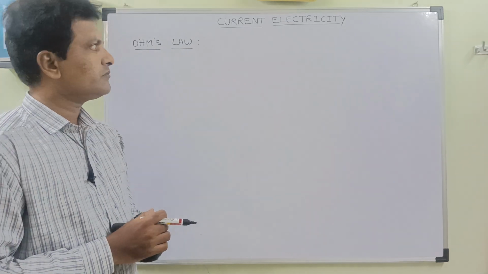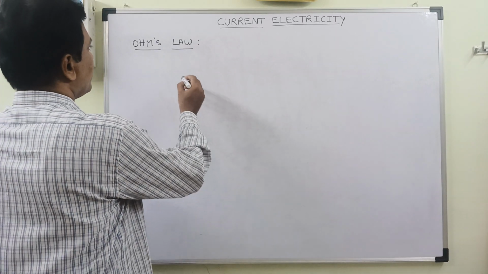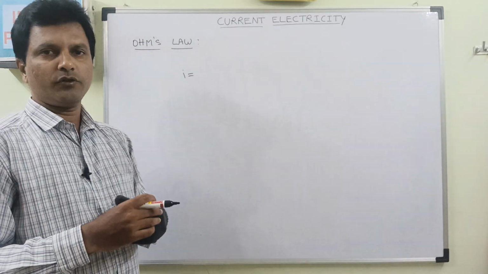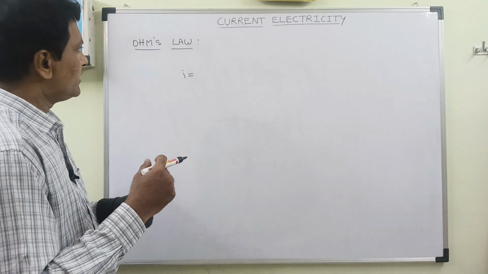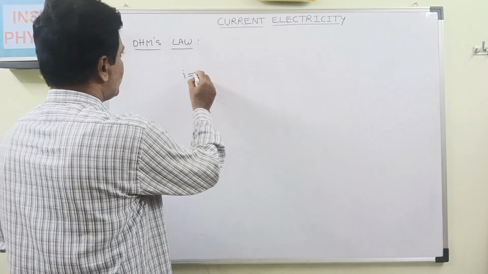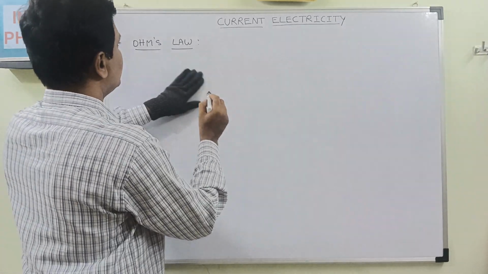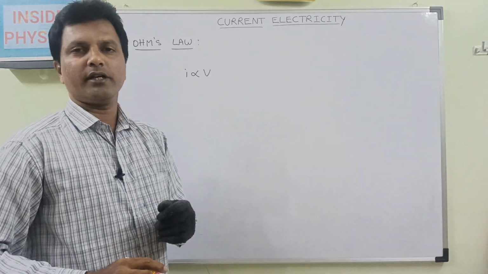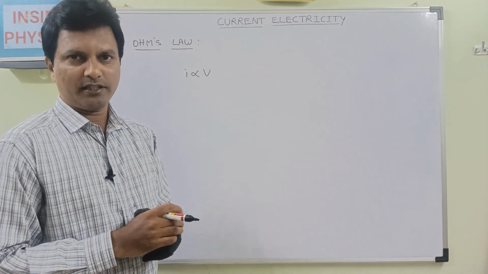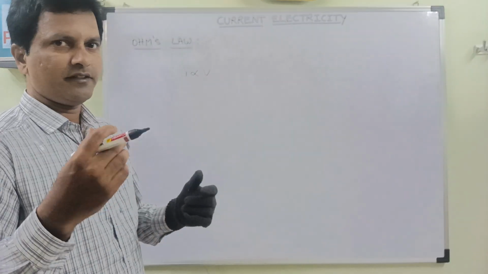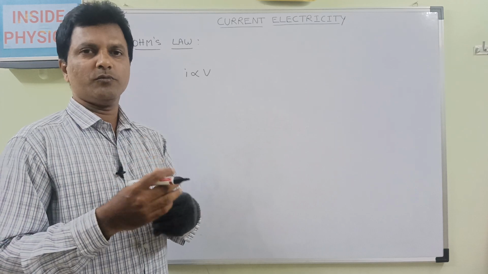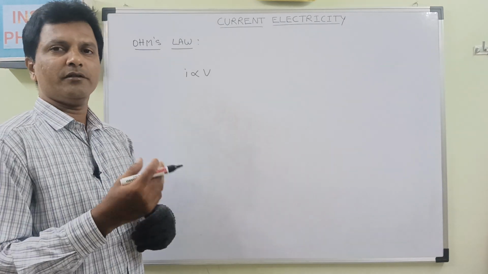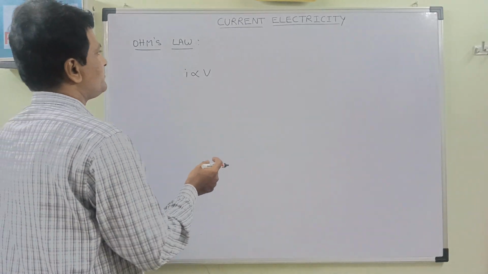So that means the strength of electric current flowing through the conductor is directly proportional to the potential difference applied between the ends of the conductor. That means if the potential difference applied is more, the flow of charge, that is the electric current, will be more.